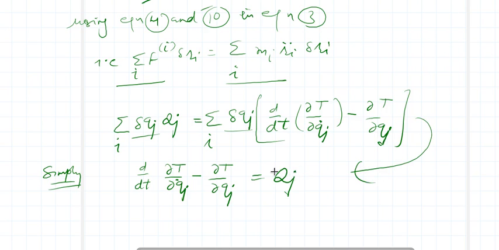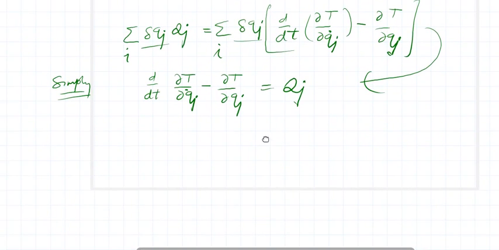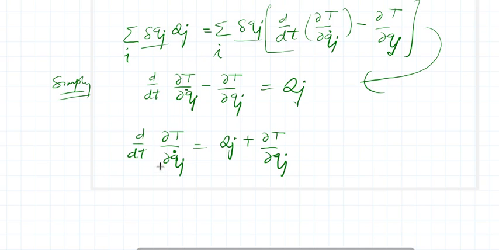From this I can write it in this manner: d upon dt of ∂T/∂q_j dot must be equal to Q_j plus ∂T/∂q_j, and here Q_j is the virtual force, right? Q_j is the virtual force.